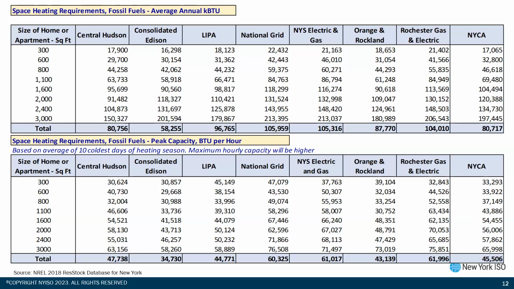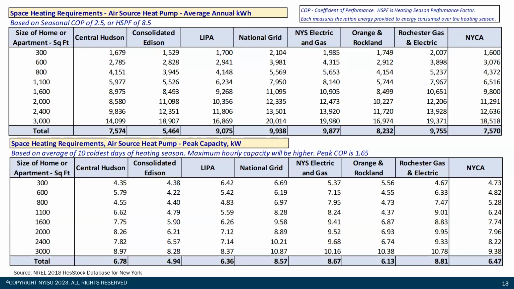We can convert this annual energy and winter capacity, in the next slide, to the equivalent annual energy of a heat pump by size of home across the different geography of the state. That 80 million BTUs per year is 7,570 kilowatt hours a year.